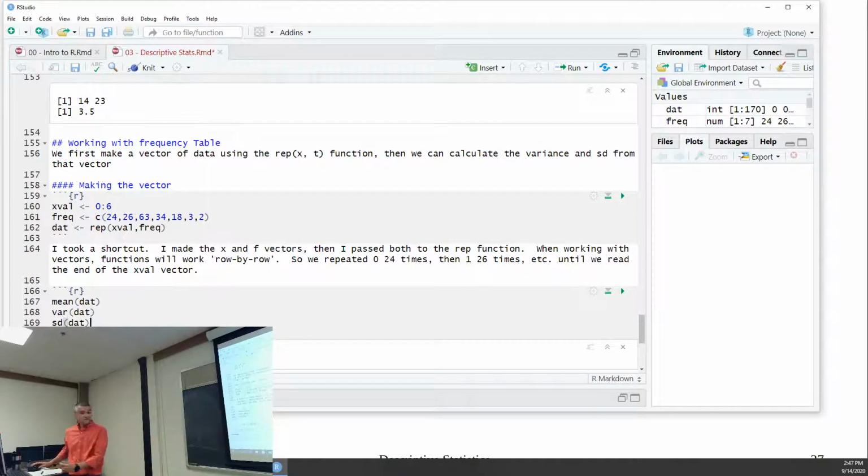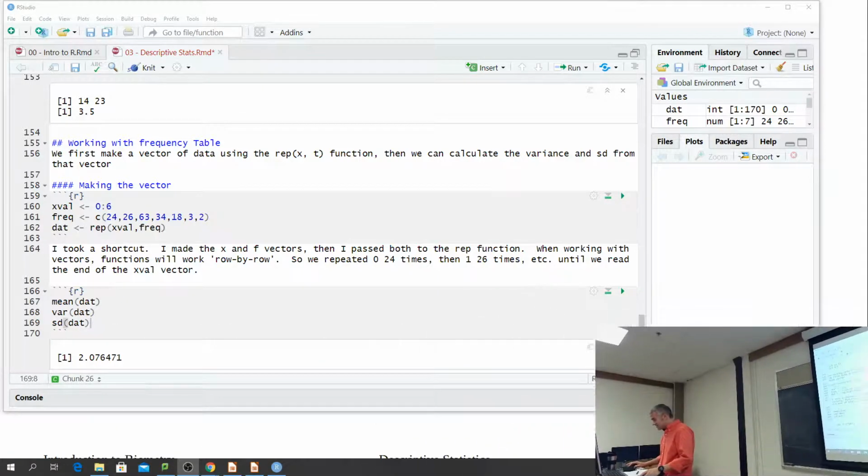Alright, so in order to work with the frequency tables, we have to first convert our table into a vector. And we do so using the rep function. Alright, so I did just what we did. I made my x val vector.